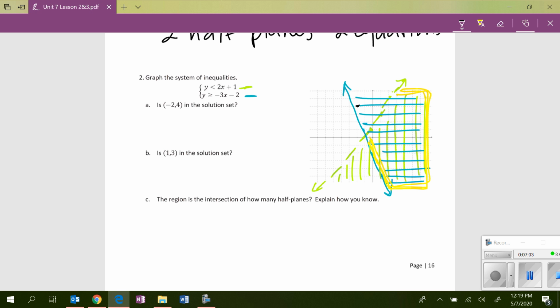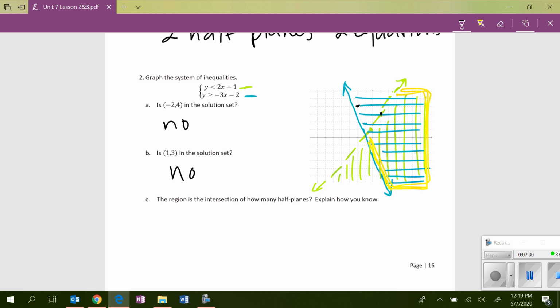No, because it doesn't fall in my yellow area, the overlapping area. Is (1, 3) a part of my solution set? Again, it almost looks like it falls into my yellow area. However, that is on my green line, which is a dashed line. We can't have that equaling, so it is not a part of my solution set.